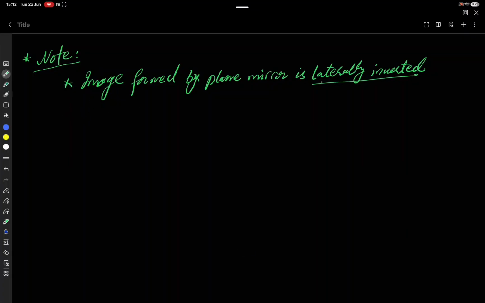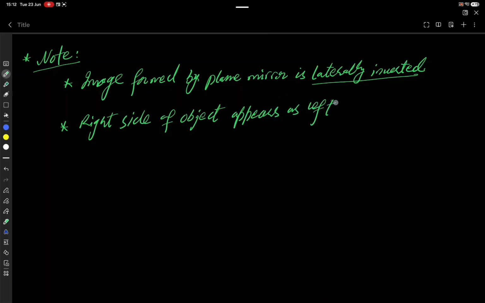What does laterally inverted mean? The right side of the object appears as the left side of the image.